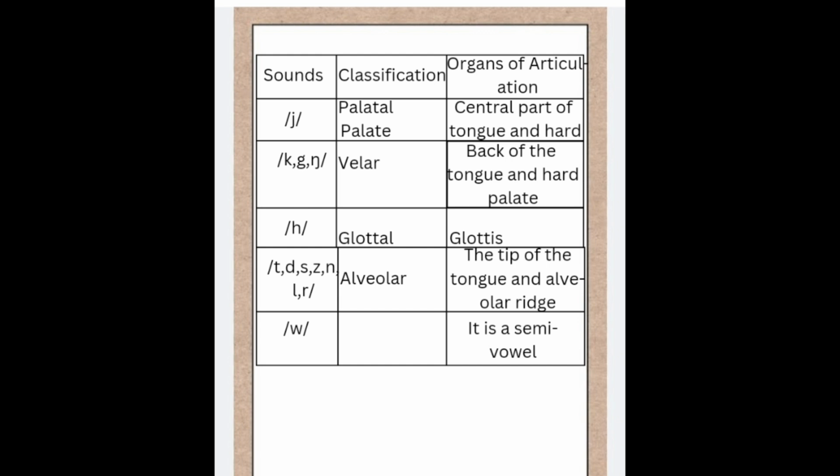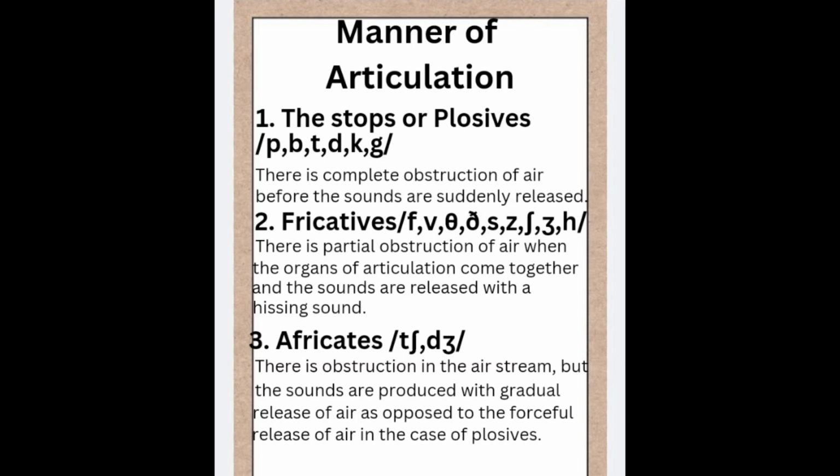These are alveolar sounds. The organs of articulation involved in this are the tip of the tongue and the alveolar ridge. The last classification is w. It is a semi-vowel sound.